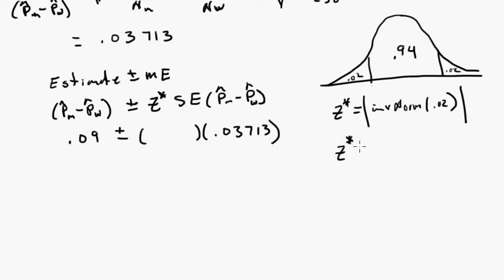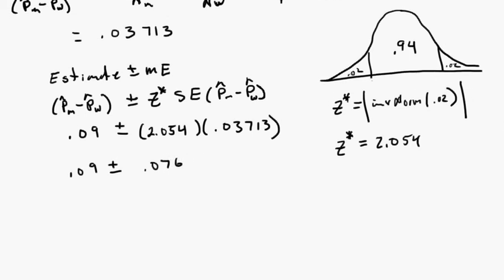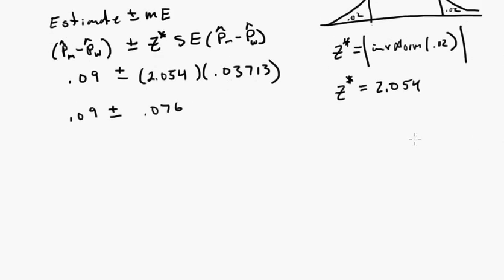When I do that, I get 2.054. So I get 0.09 plus or minus, and when I multiply that out, I get 0.076 after rounding to 3 decimal places. So there's my margin of error right here.